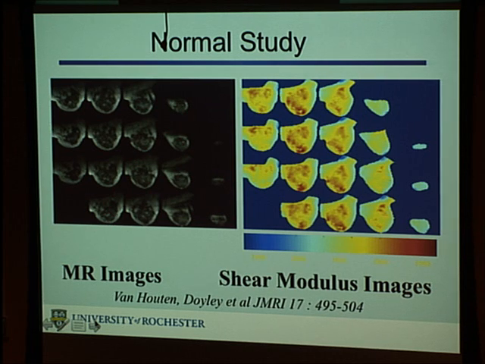Then they do an inverse solution in which they're solving for the underlying elastic, what's the stiffness and what's the viscosity of the tissue. So in these images, red is very stiff, measured in kilopascals, and blue would be very soft. And so when you see patterns of red like this, that's a bad sign, basically.